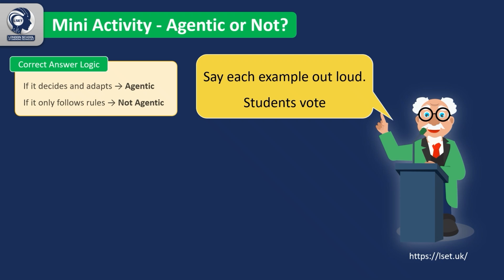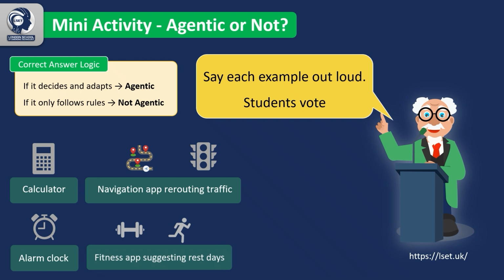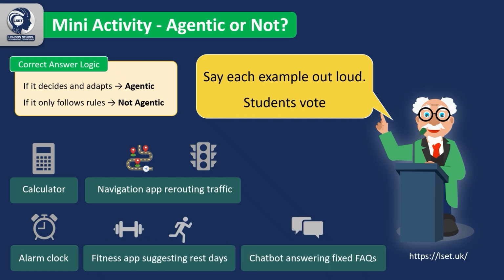If it only follows fixed rules, it is not agentic. Examples include a calculator, a navigation app rerouting traffic, an alarm clock, a fitness app suggesting rest days, and a chatbot answering fixed questions. Take a moment to think, then make your choice.